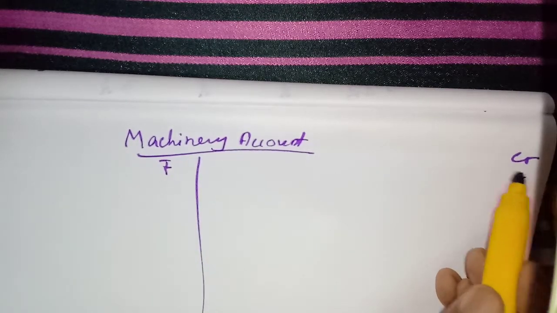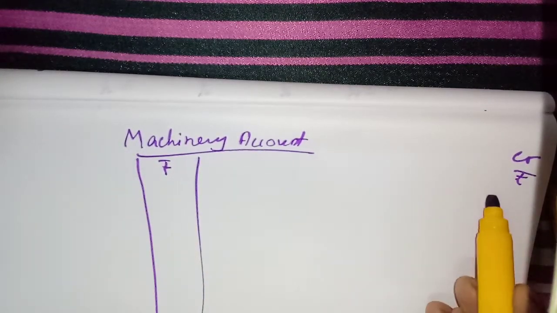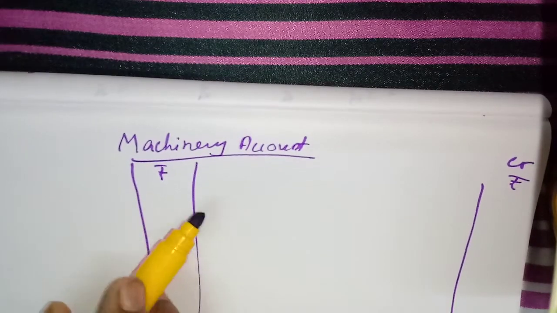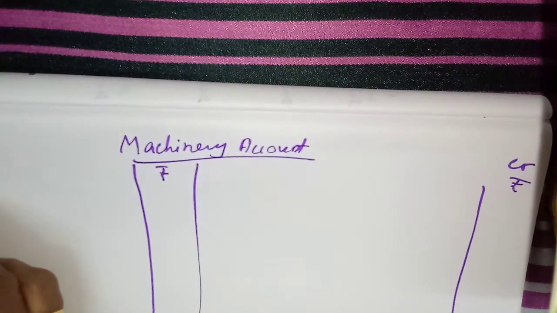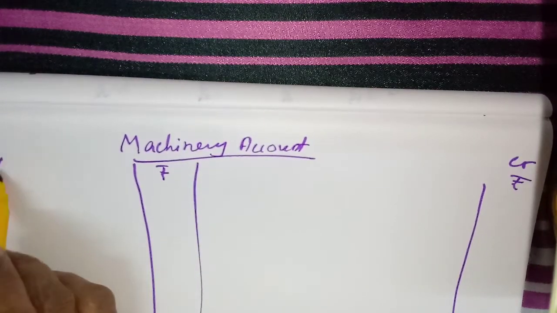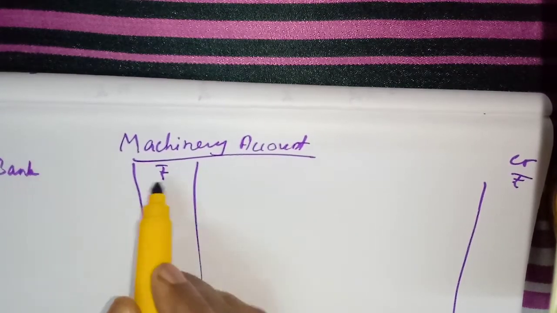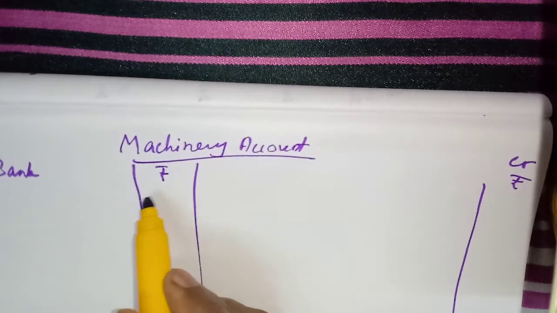Here, rupees. Here, date also we need to write, isn't it? We need to post. So, we have purchased that on 1/1/2016. So, 2016, January 1. Machinery account debtor to bank. How much? 40,000.